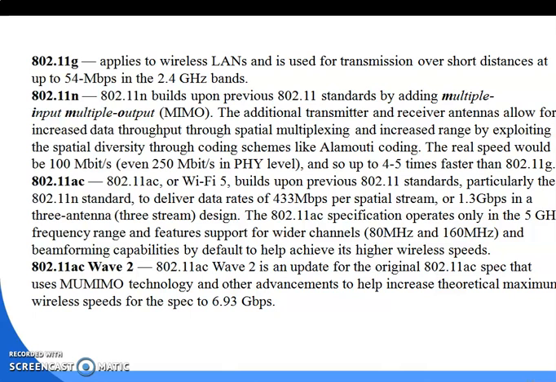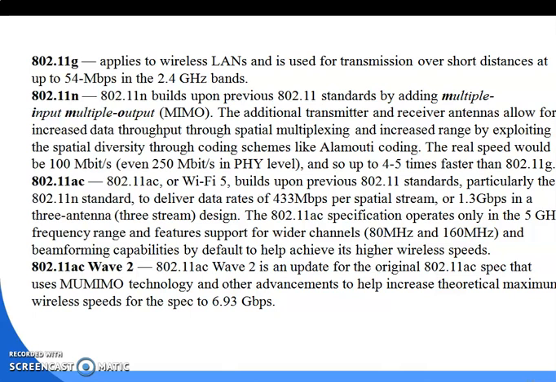The additional transmitter and receiver antennas allow for increased data throughput through spatial multiplexing, and increased range by exploiting spatial diversity through coding schemes like Alamouti coding. The real speed would be 100 megabits, up to 4 to 5 times faster than 802.11g.